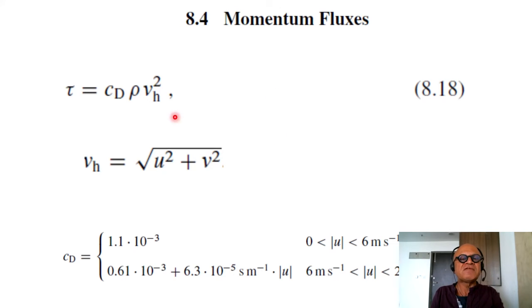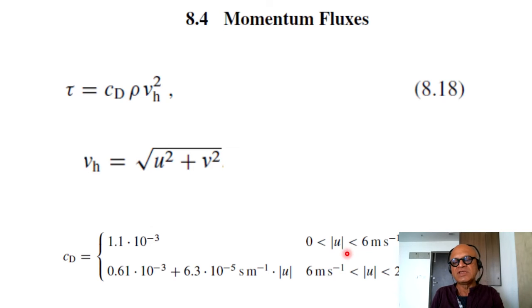Momentum flux is fairly straightforward in terms of formulation, where you have wind stress given by some drag coefficient times the density of the air times the magnitude of the wind vector squared, Vh squared, where Vh is of course the square root of u squared plus v squared. With wind tunnel experiments in the lab, drag coefficients are estimated based on the stability parameter and so on and so forth. There are details.